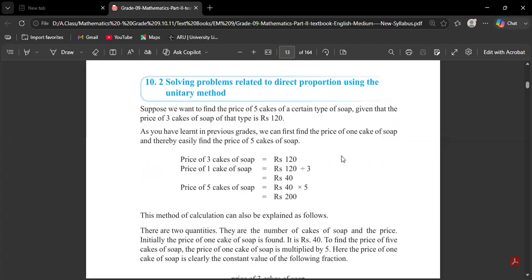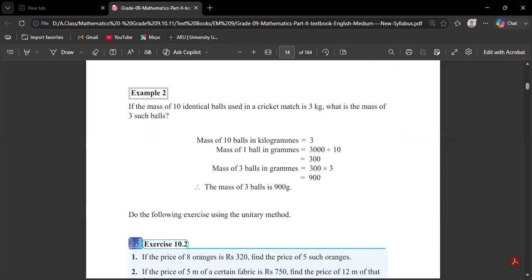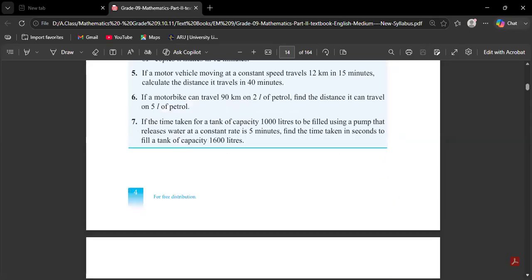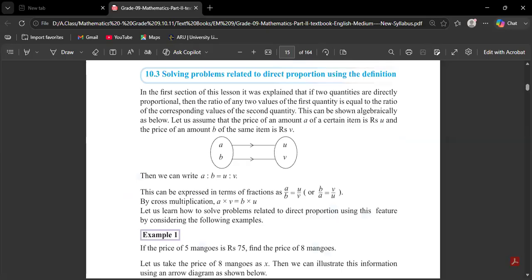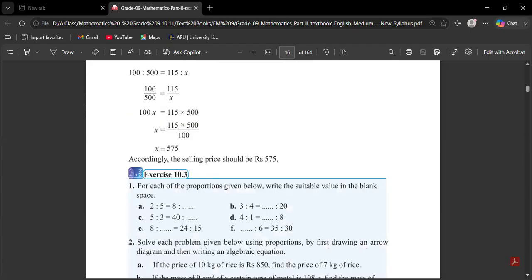Solving problems related to direct proportion using the unitary method. There are several methods. First one, unitary method. Second one, solving problems related to direct proportion using the definition.